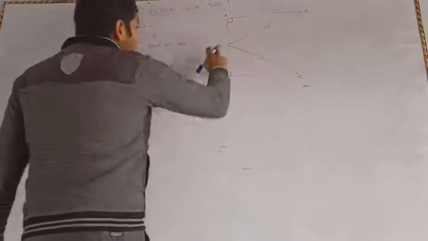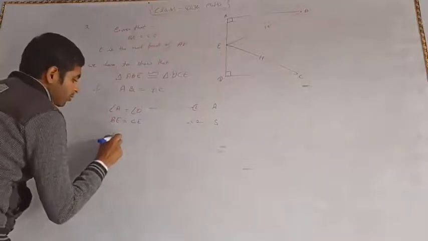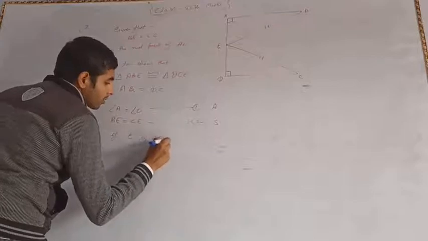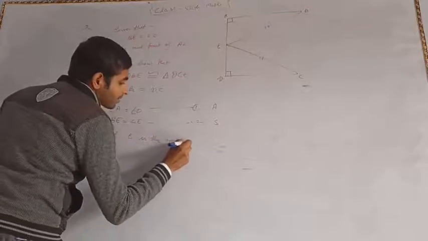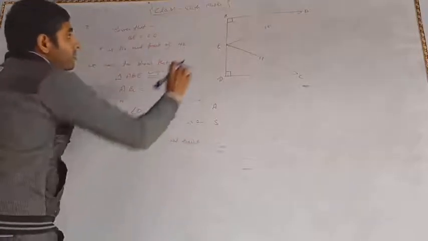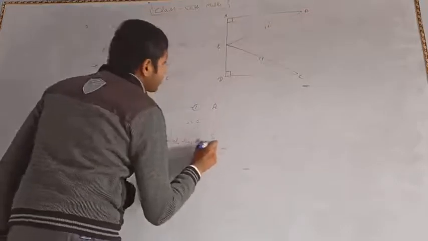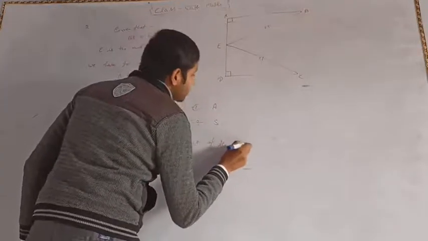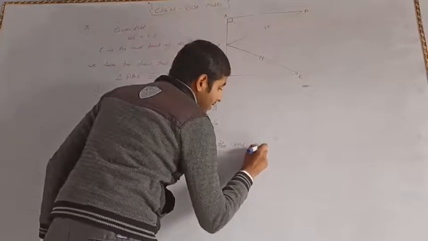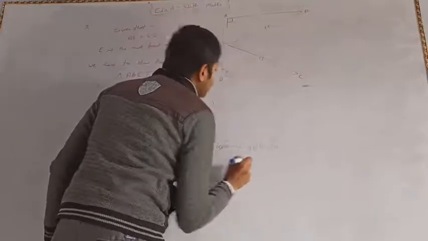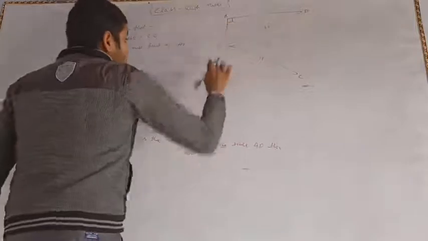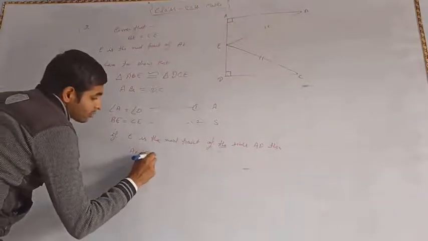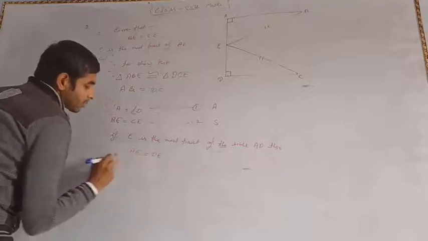Now you have to write, if E is the midpoint of side AD, then AE is equal to DE.